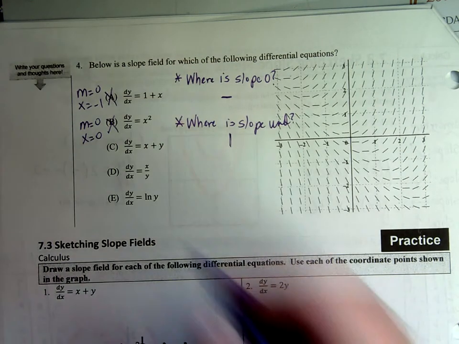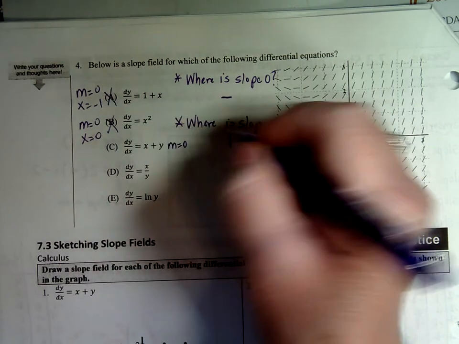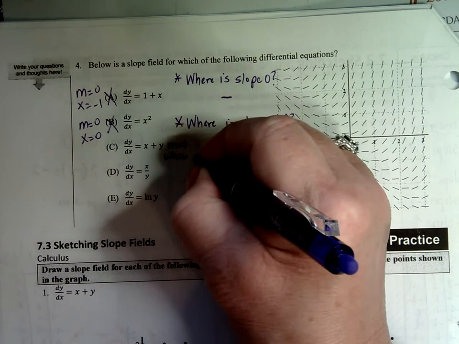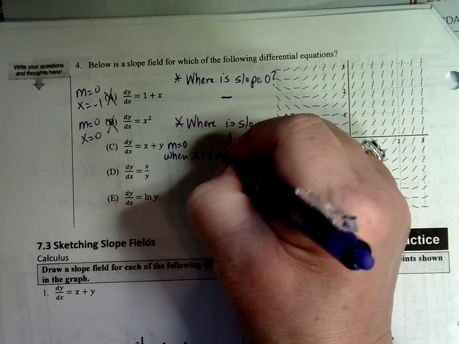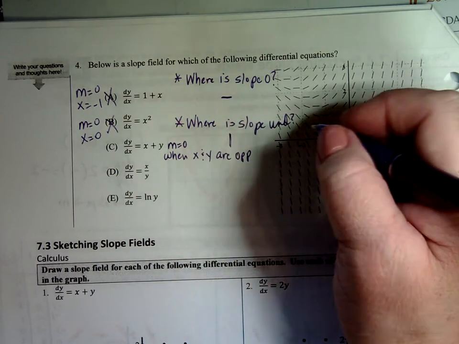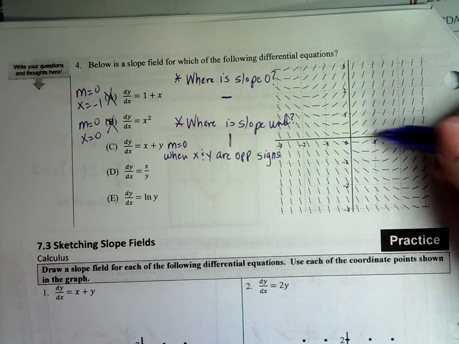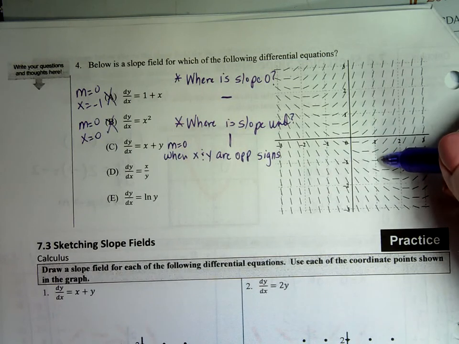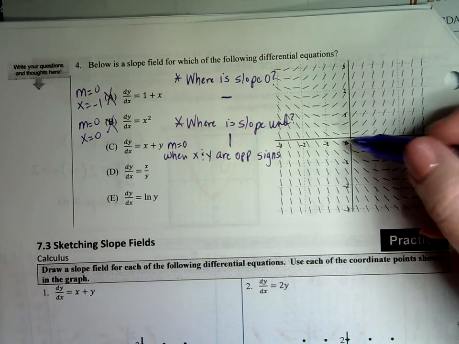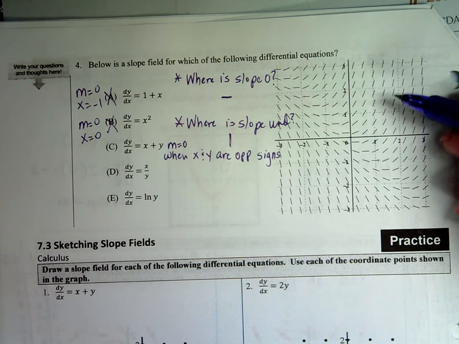This one, my slope would be 0 when x and y are opposite signs, right? When it's +1, -1. Let's see if that works. +1, -1. Ooh, there's a 0. If I go -1, +1. Ooh, there's a 0. So he's definitely a possibility in the midst of this.